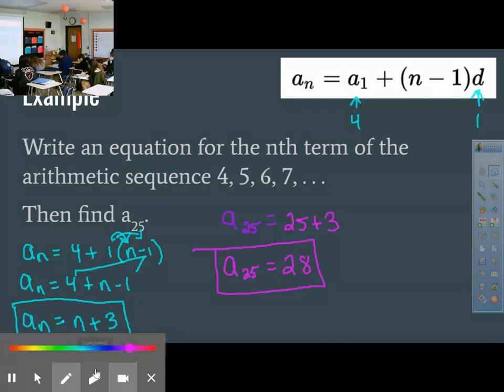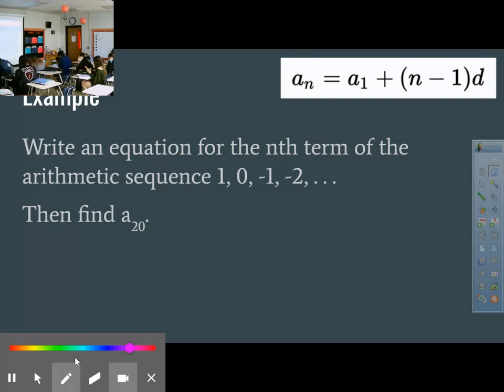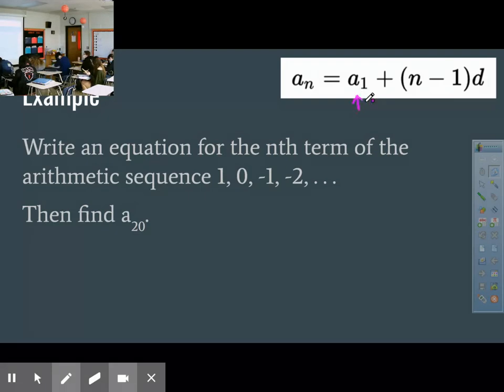All right, let's try the last one. Write an equation for the nth term of the arithmetic sequence 1, 0, negative 1, negative 2, and then find a subscript 20, which just means the 20th term. You've got to figure out what to plug in for A1 and what to plug in for D. Brandon, what am I going to plug in for A1?